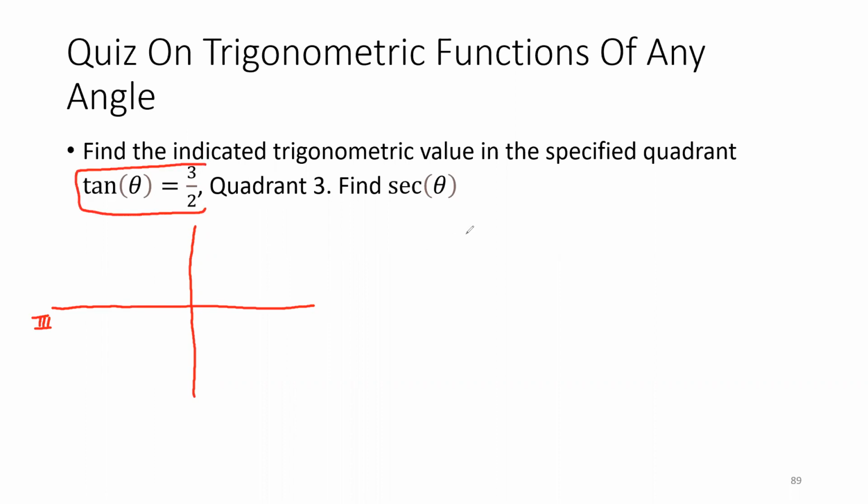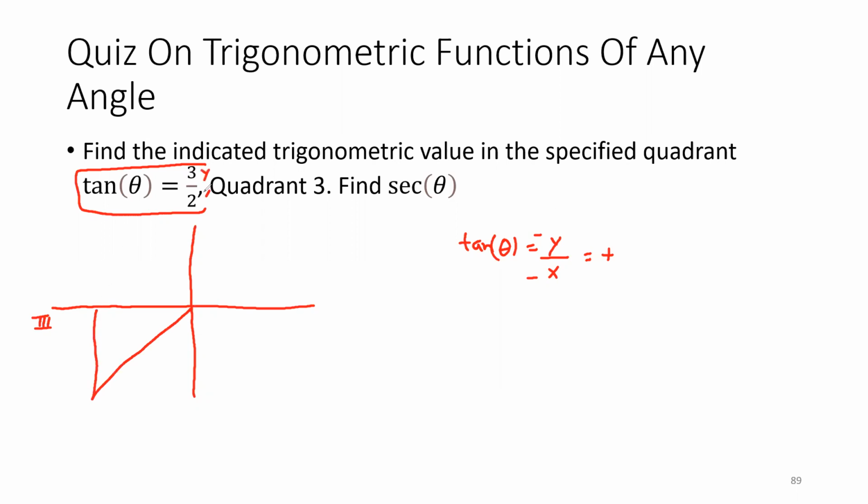Remember, tangent of theta is y/x. Because we are in quadrant 3, the y value is negative and the x value is negative. That's why you have a positive 3/2, because two negatives become a positive, right? Good.